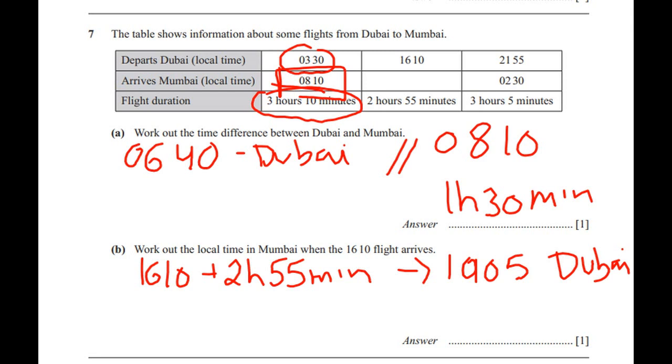And now what will be the corresponding time in Mumbai? Simply add 1 hour and 30 minutes to this time. So we get 20:35. Since the question is in 24 hour clock, preferably stick to this.